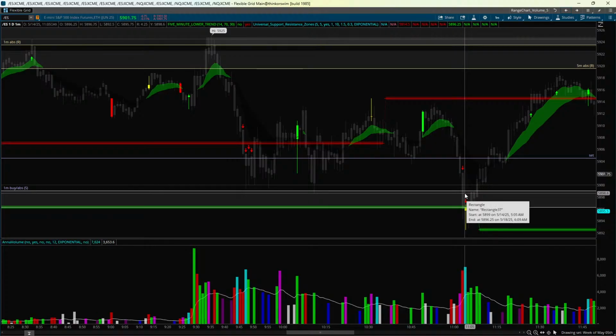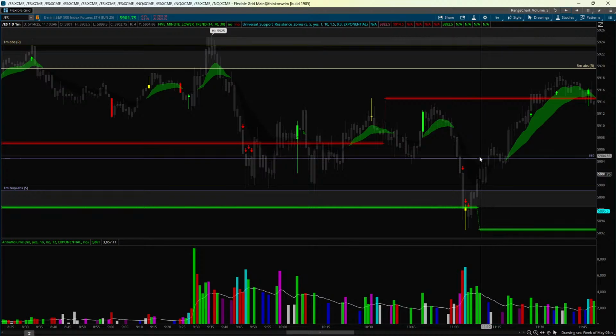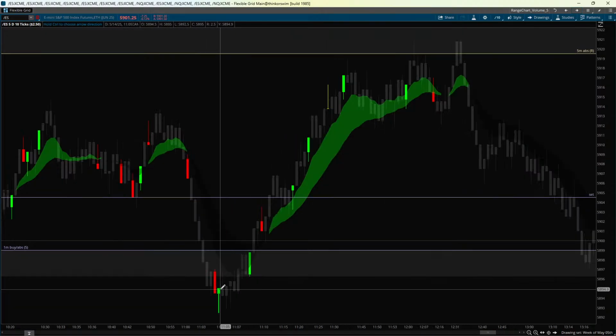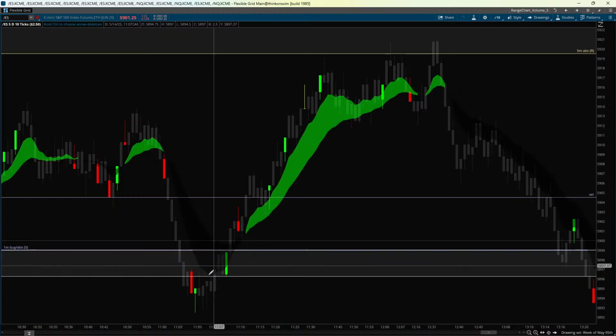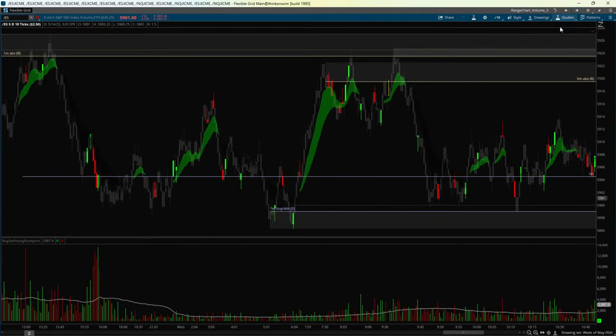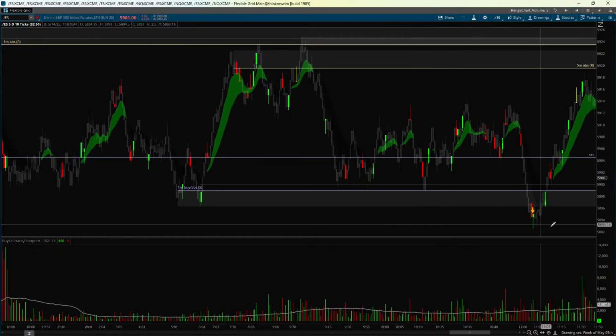A lot of volume there. Tons of volume right there. This is 11:05. Buying. Once we get above, we could probably enter, or as it's getting above. Buying.